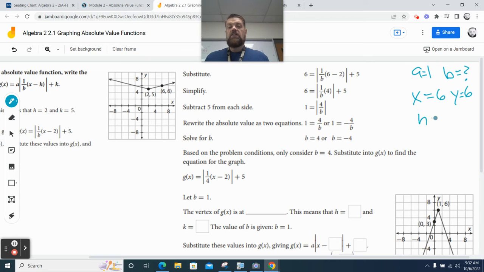We know that h is equal to 2 and that k is equal to 5. So this is y, this is x, this is h, and this is k. So we're plugging them all in.